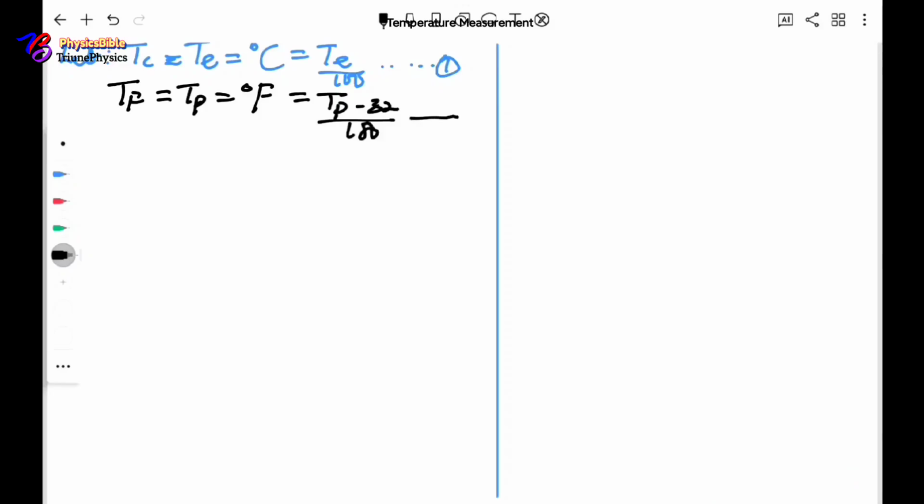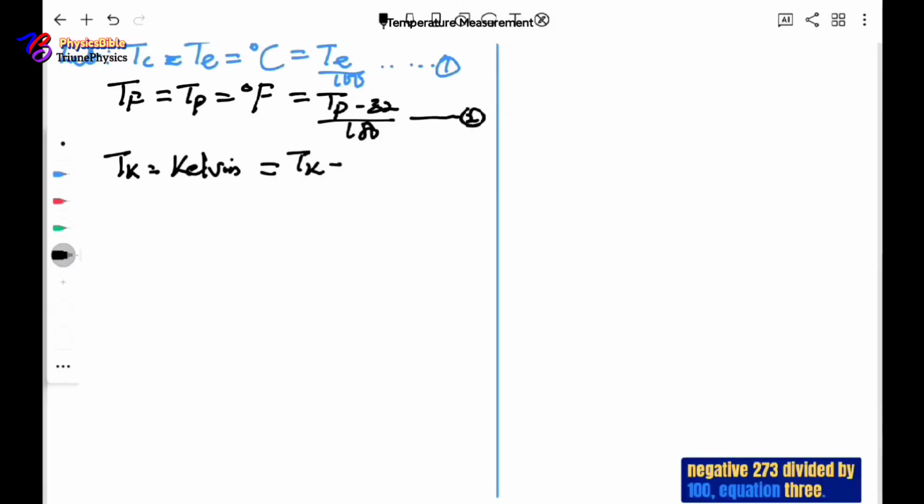Take note of that. Then absolute Kelvin, we use T of K to represent that, and it is equal to T of K negative 273 divided by 100, equation 3.